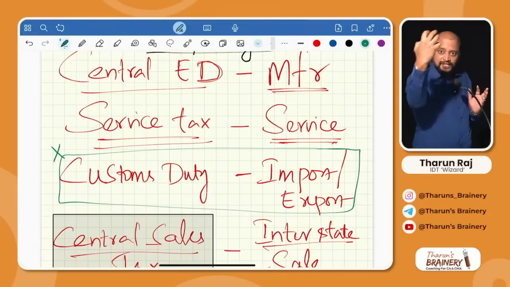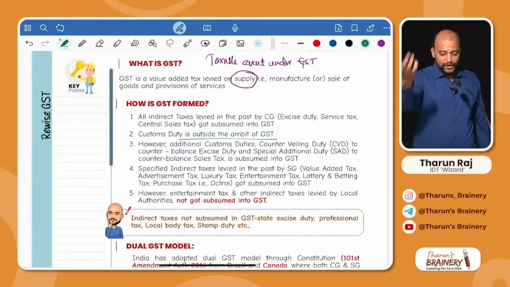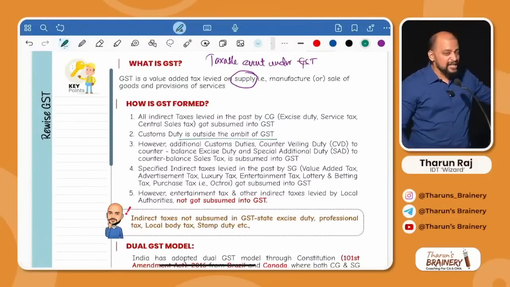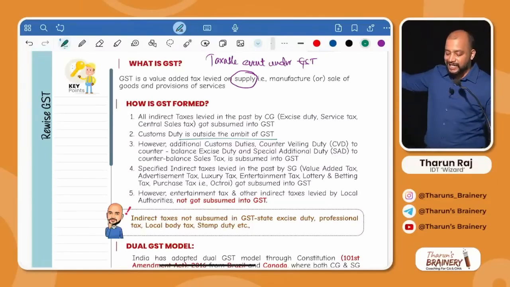Whether excise duty is subsumed into GST? Just now you read the first point. Whether excise duty merged into GST? Yes. So CVD is like excise only, a duplicate, correct? Excise duty got subsumed, so CVD also got subsumed. And whether sales tax got subsumed into GST? Yes.